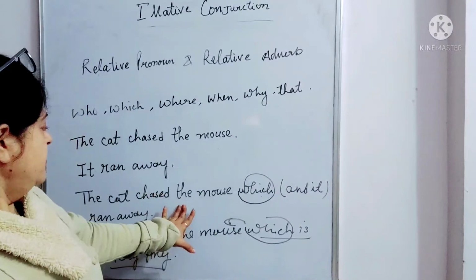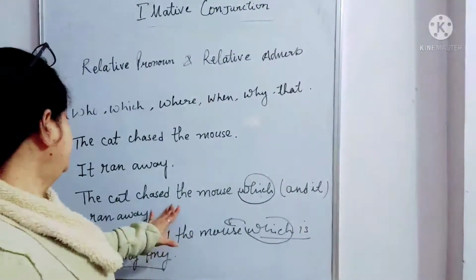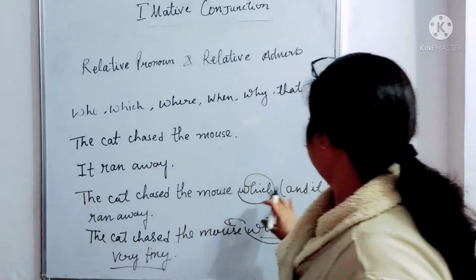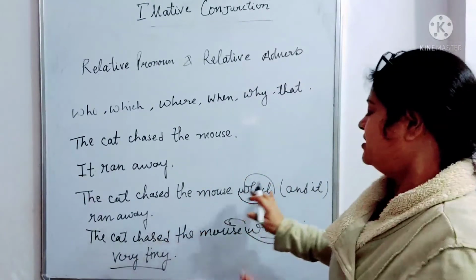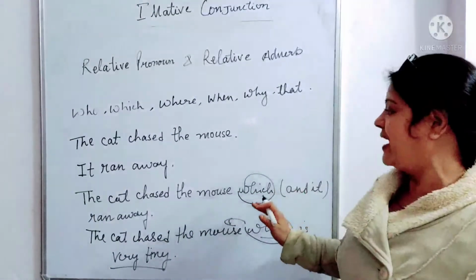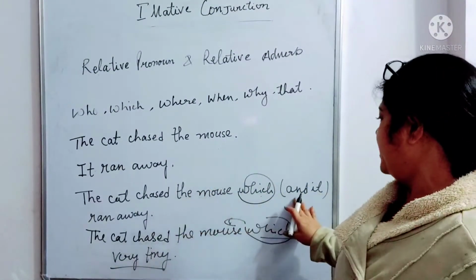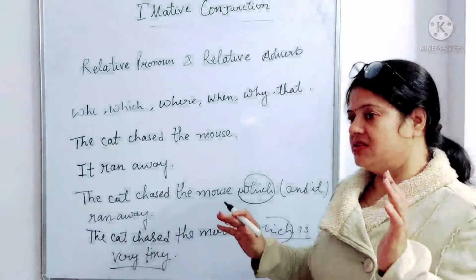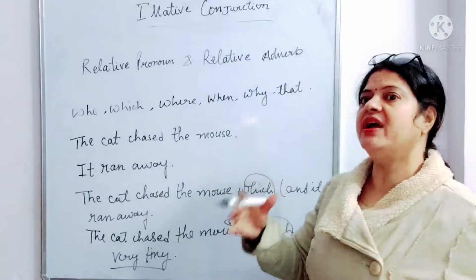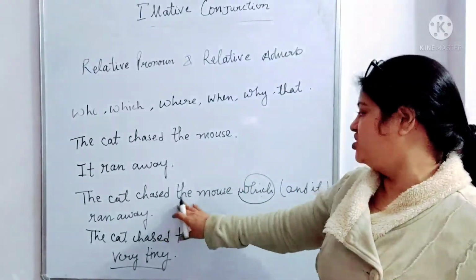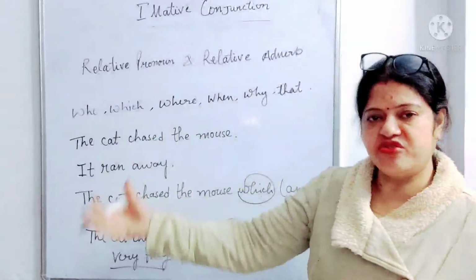But in the first example we see that the cat chased the mouse which ran away. It is talking about the action of the cat and the mouse, and these two actions are happening one after another. The cat chased the mouse and it ran away.